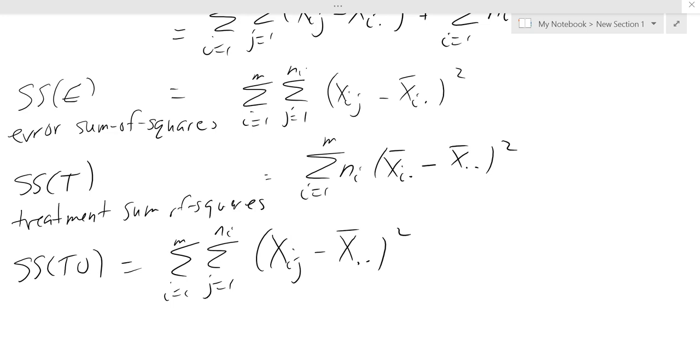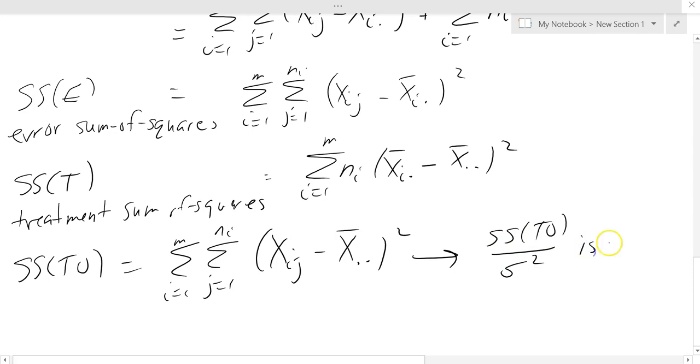So if you take your SSTO and divide by sigma squared, this is chi-square of n minus 1, where your n is your n1 plus n2 up to nm.